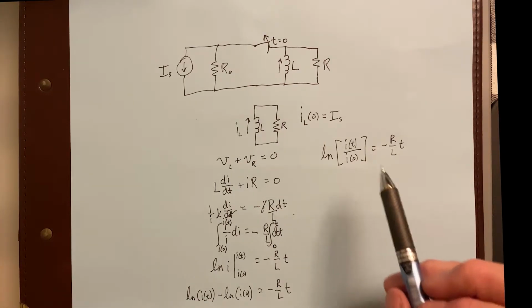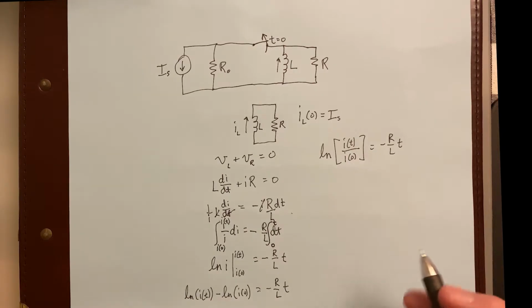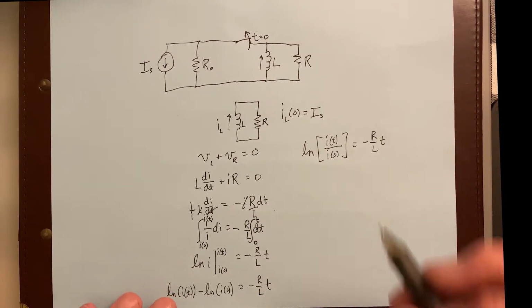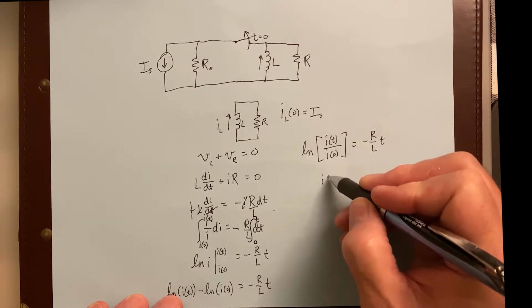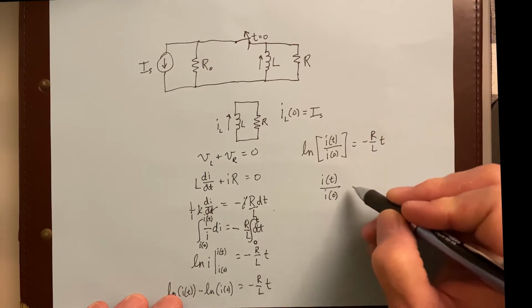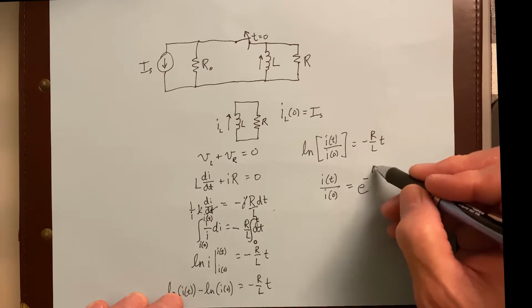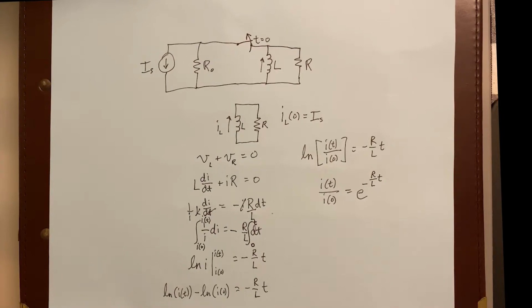All right, now we're after I as a function of time, so that's what we want to solve for. We need to get rid of this natural log then. You do that by taking an exponential of both sides, and we end up with the left-hand side just being I of t over I of 0, and that's equal to e to the negative r over L times t.